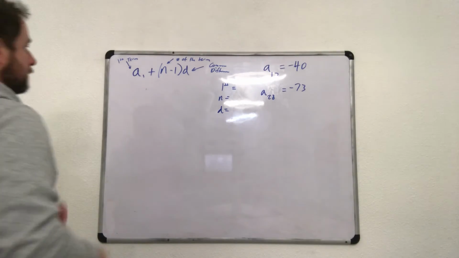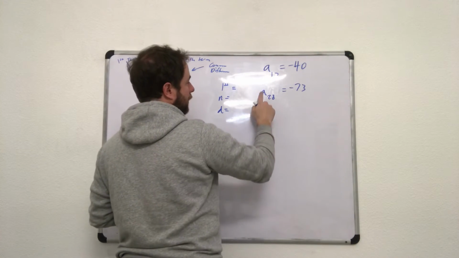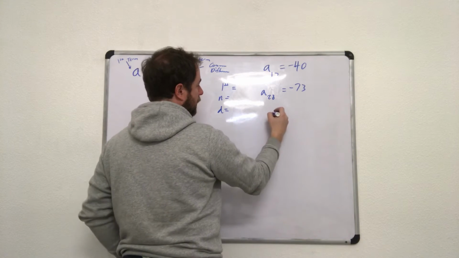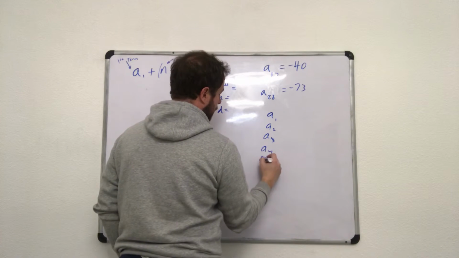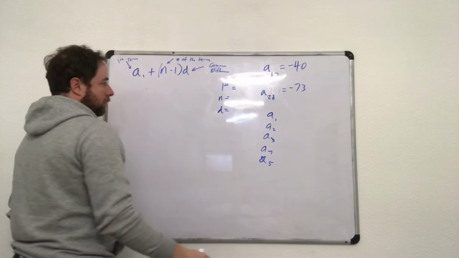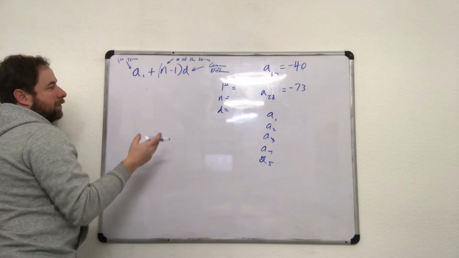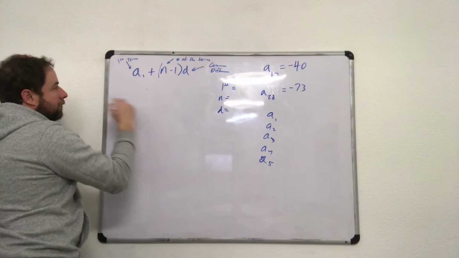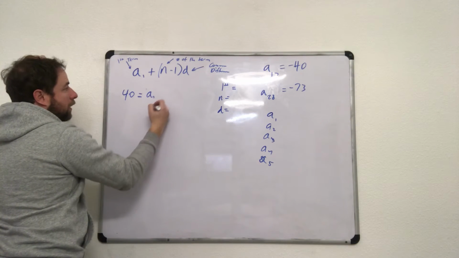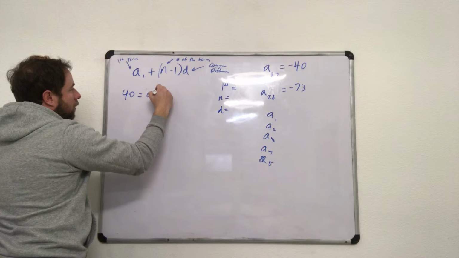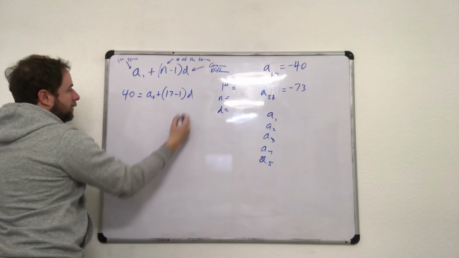All right, now in this next one, they give us A17 is negative 40, A28 is negative 73. They want you to come up with A1, A2, A3, A4, and A5. Well, you can't come up with any of those until we solve for some things. What you're going to do is treat this with 2 different equations. We don't know A1, we do know that this was number 17, and we don't know the common difference.